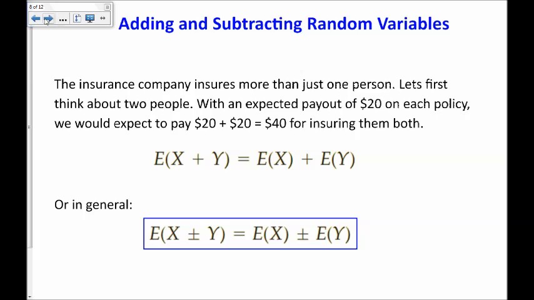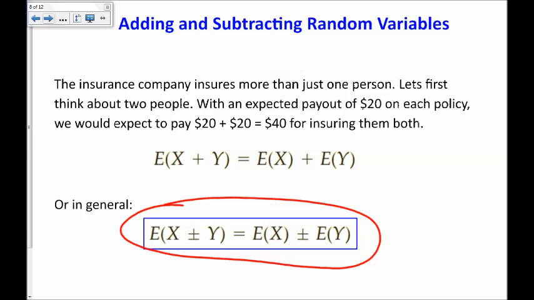Okay, so the expected value of x plus y is equal to the expected value of x plus the expected value of y, or in general, the sum or the difference would follow this formula. Okay, that kind of follows our intuition that if we insure 2 or 3 people, we'd expect the payout to be the same as the sum for all of them.